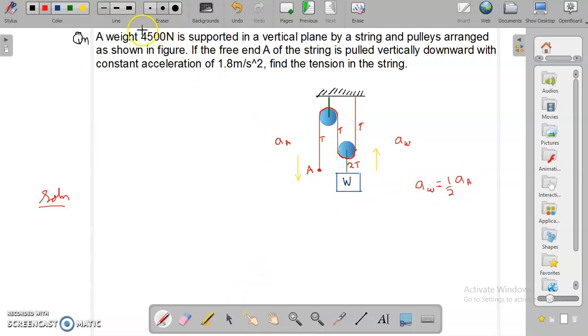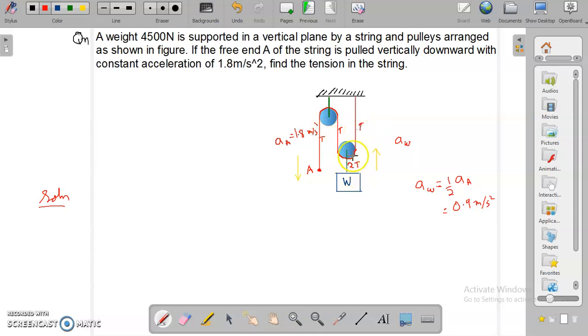Here the acceleration of point A is given as 1.8 meters per second square. So the value of AW is half of that, that is 0.9 meters per second square. Now you have to find the tension in the string. Let T be the tension, and the tension over this string will be T everywhere.